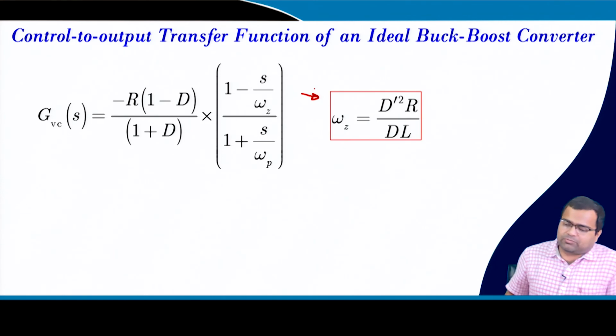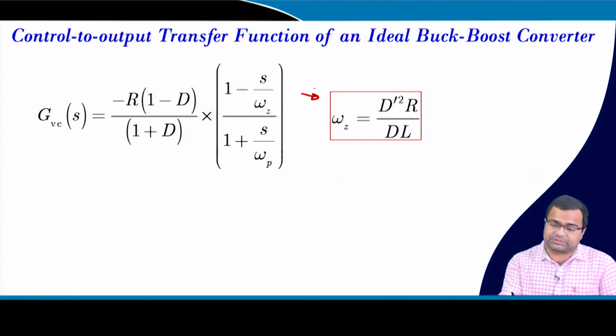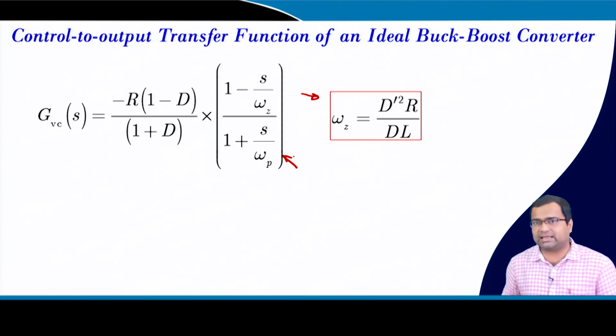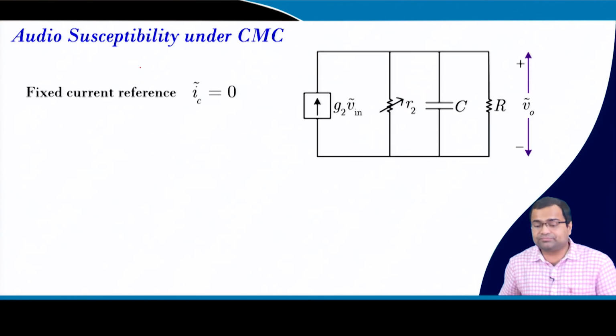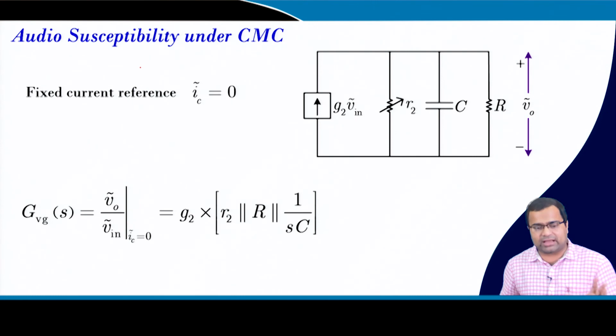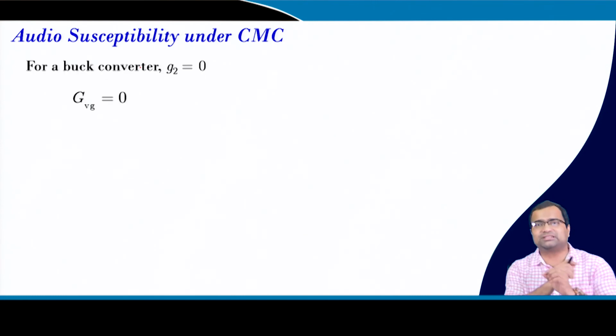So, the ideal buck-boost converter will get the same RHP zero, but now the pole will be a single pole, and you will also have a load resistance dependent gain. Audio susceptibility you can derive using the canonical model, but for a buck converter it turns out to be zero.